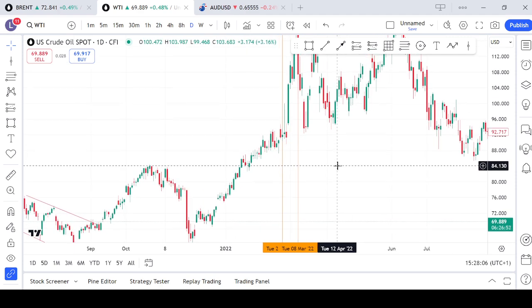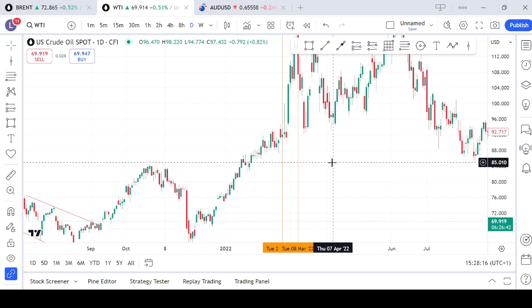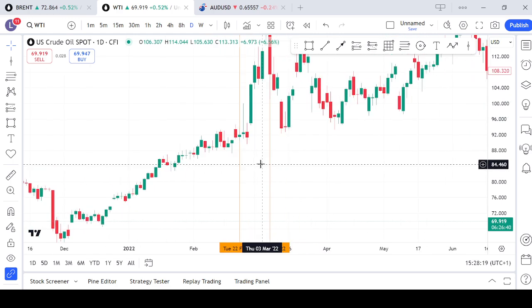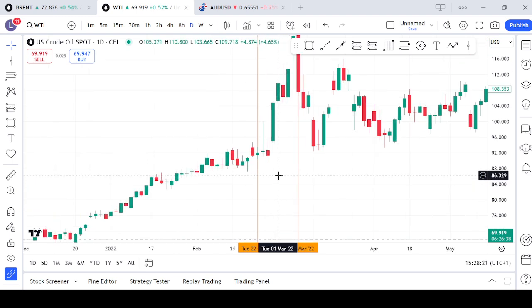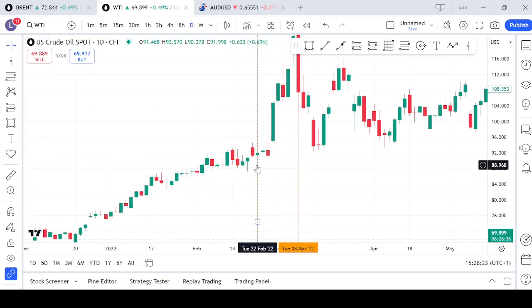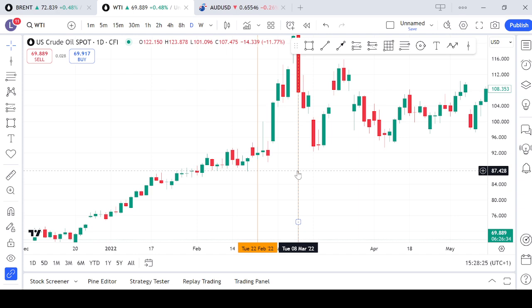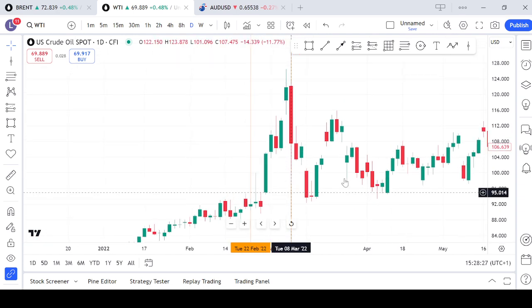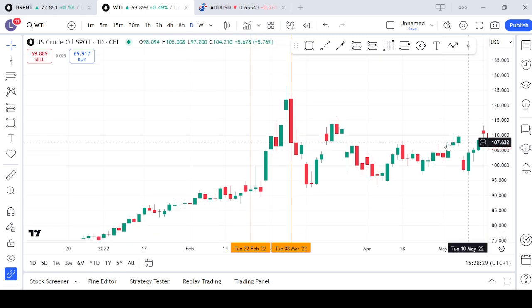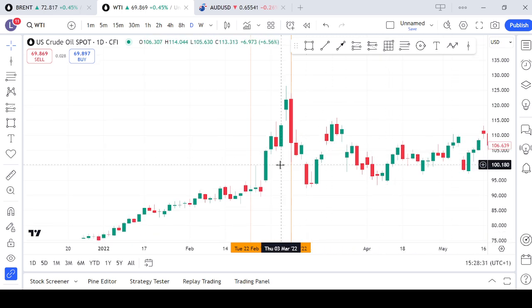that was Russia's invasion of Ukraine, and it caused a significant spike in global oil prices. That's geopolitical events. So between February 22, which is here, and March 8, that was when Russia invaded Ukraine, and it caused a significant spike in global oil prices.